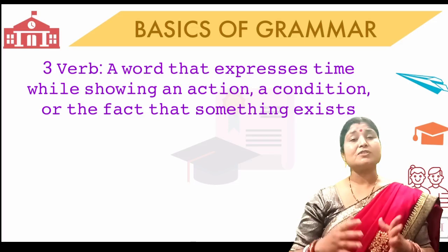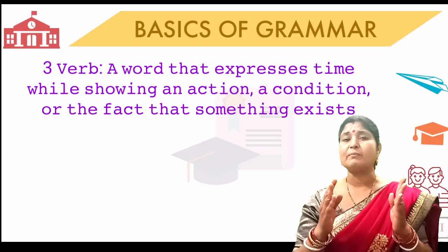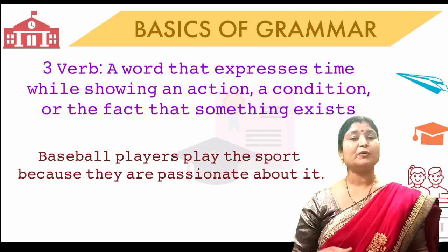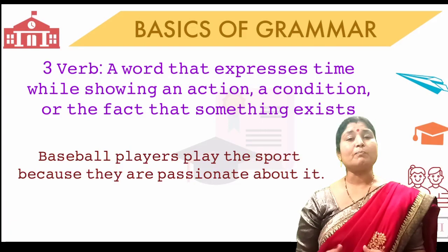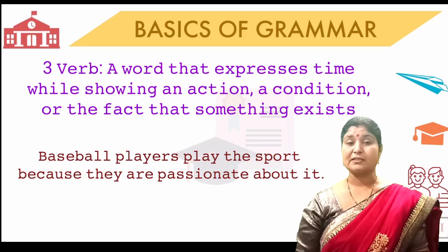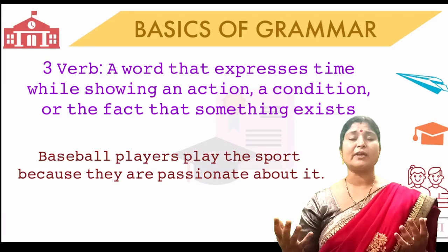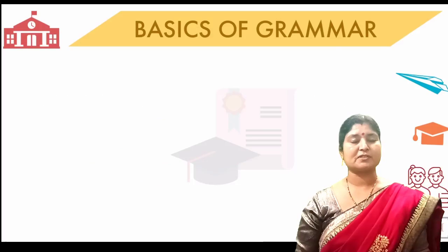There are thousands of verbs in the English language, but the most common are eat, drink, go, have, do, be, etc. For example, baseball players play the sport because they are passionate about it. So play is the verb, or simply we can say all the doing words are known as verbs.